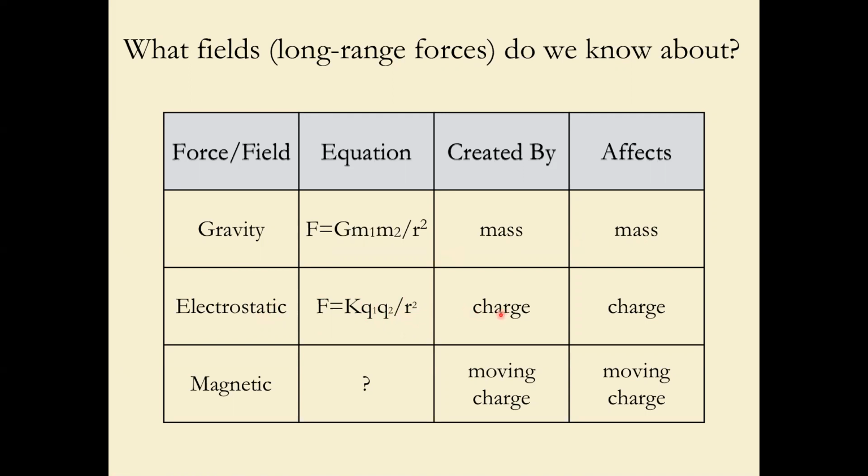This force is created by one of the charges, and also it affects another charge. For magnetic force, we are going to learn the equation by the end of this chapter. And we will see that, again, this magnetic force is created by one of the moving charges, and also it will affect the other moving charge.